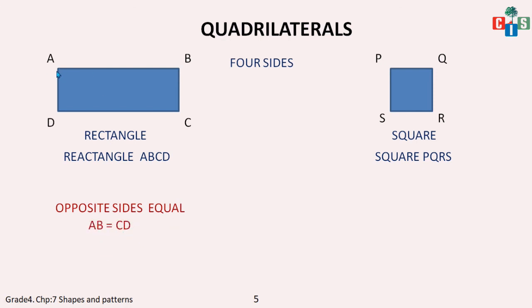Now see, this is the AB side and this is the CD side. Okay. And if they are the same, I will put the same symbol. See, like this. What is this denoting? This denotes that AB and CD are the same in length. Okay. And then AD and BC will be the same length.